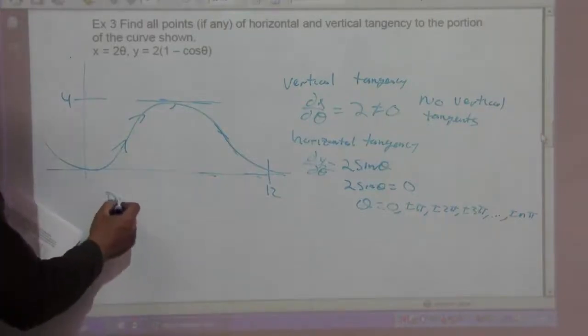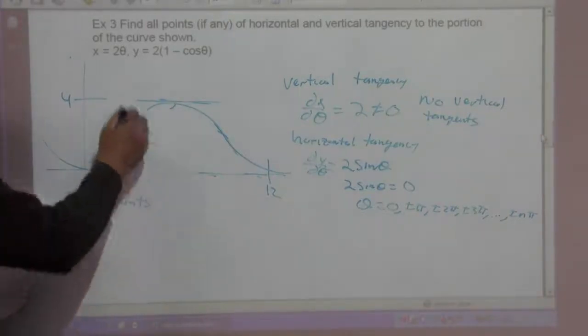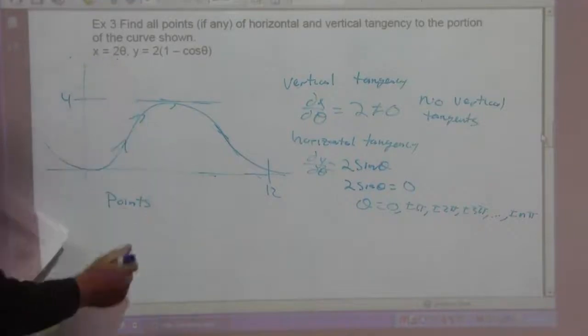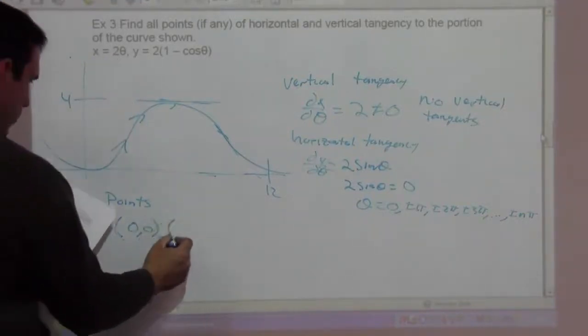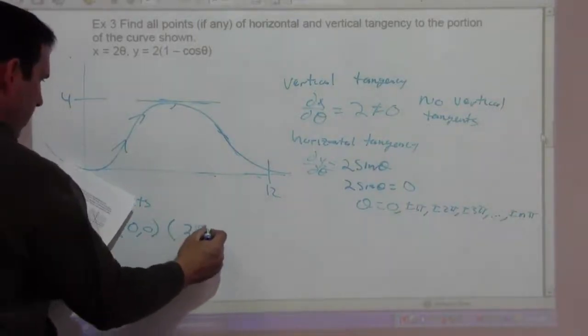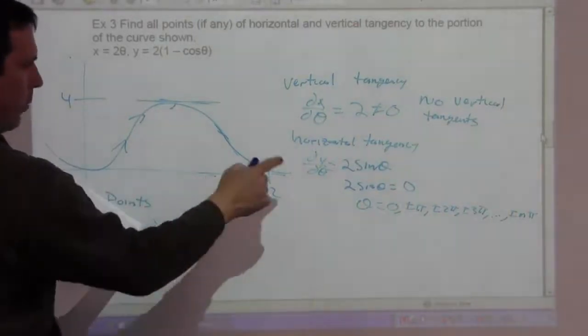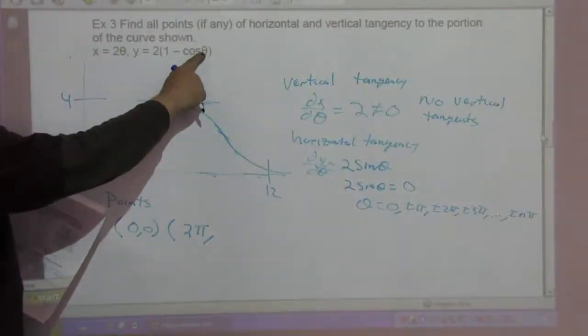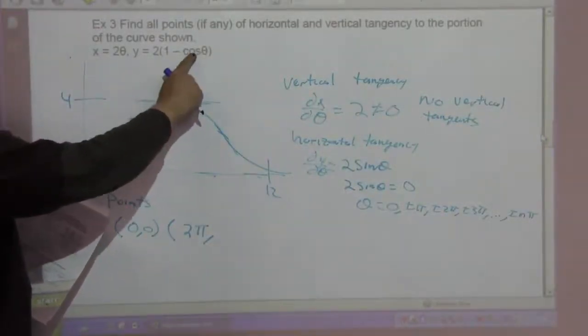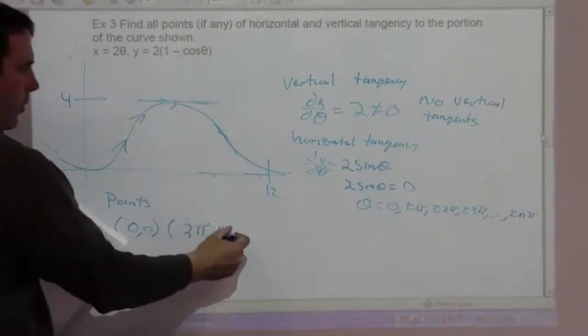So at the points, since x is 2θ, points are going to be (0, 0), (2π, ...). If you put π in here, cosine of π is negative 1. 1 minus negative 1 is 2. 2 times 2 is 4.